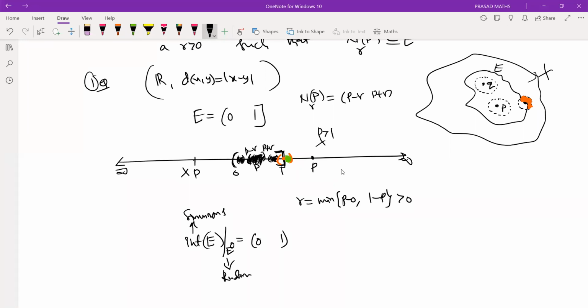The set of all interior points is nothing but the interior of the set E, denoted by int of E or E power naught. So therefore, this is nothing but int of E.